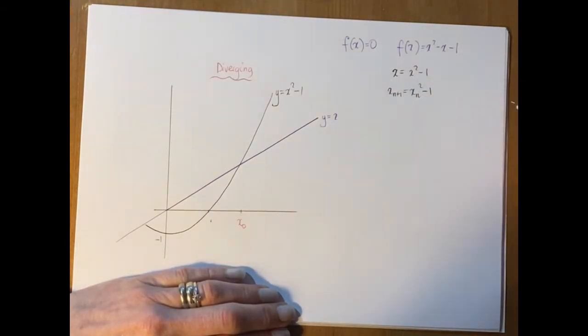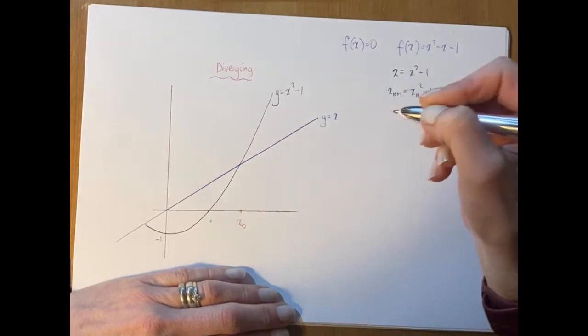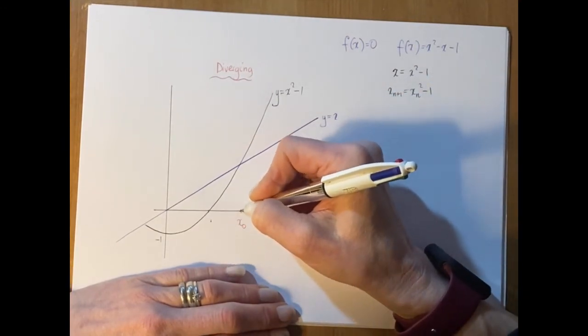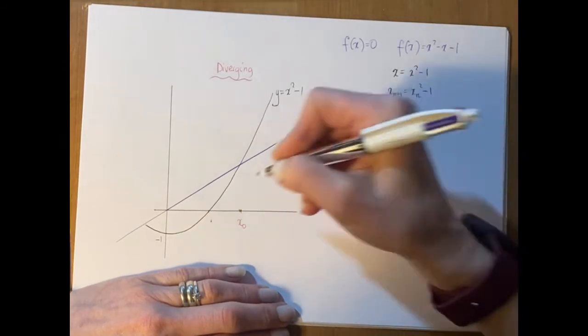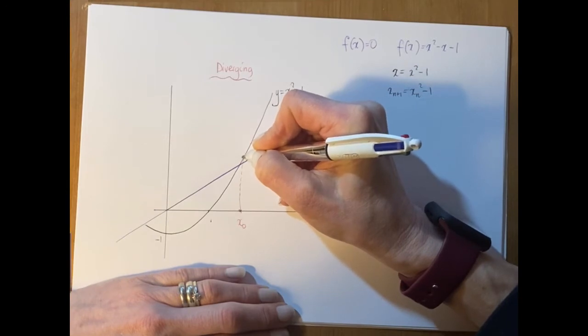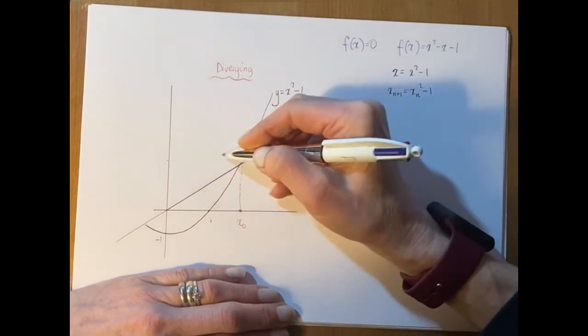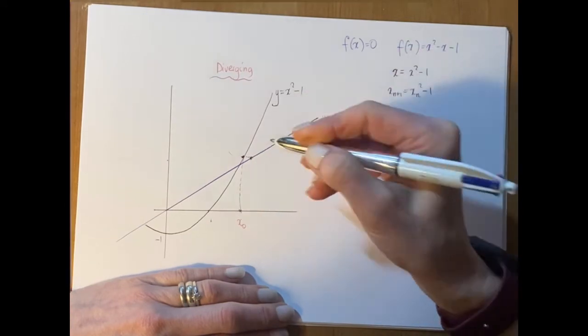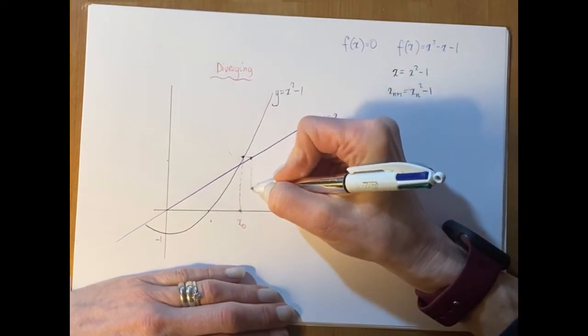Now imagine starting from some value, maybe x equals 2, something positive here. As soon as you sub it into the right hand side, into the curve, you obtain the value of y, which is then going to become the value of x that you use in the next instance.